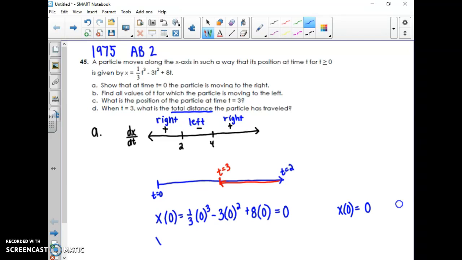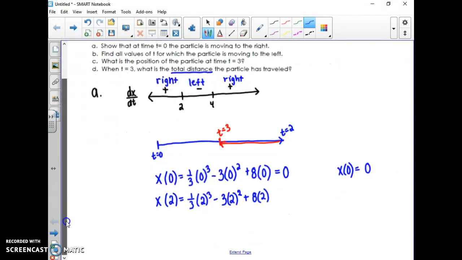At t equals 2, we're going to have x of 2. So we'll have 1/3 times 2 to the 3rd minus 3 times 2 squared plus 8 times 2. This will give us 1/3 times 8 minus 12 plus 16.